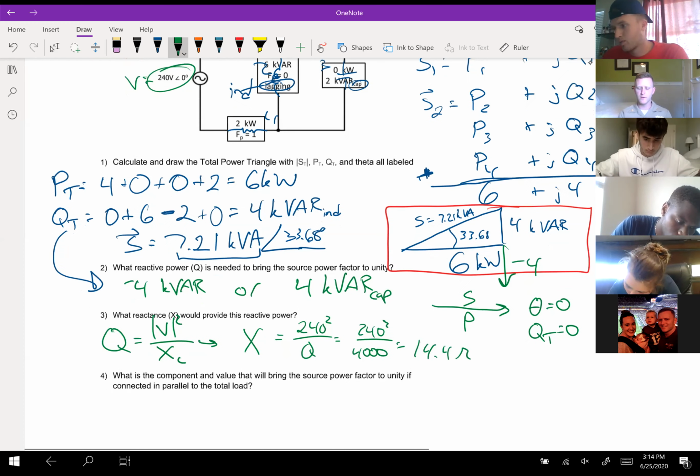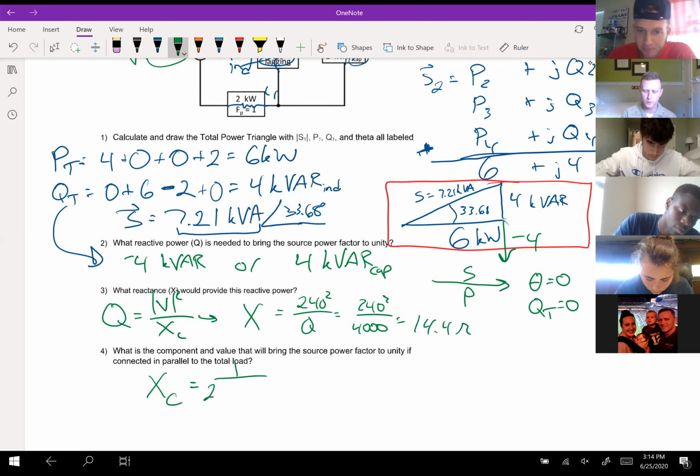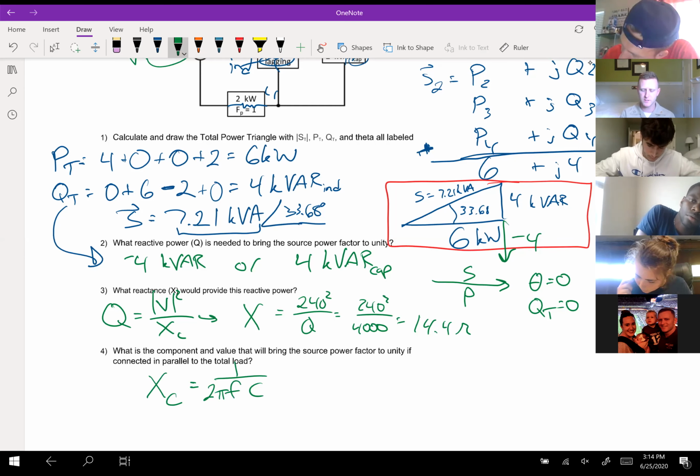And so the component that I'll need to put in here is a capacitor, right? In my capacitor equation, the reactance of a capacitor is 1 over 2 pi F times capacitance.